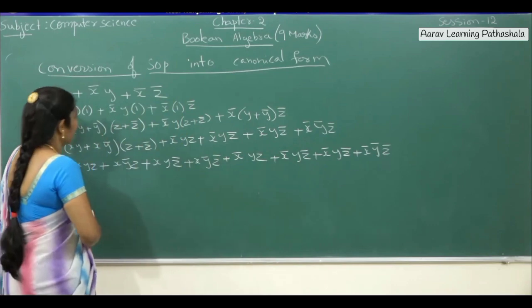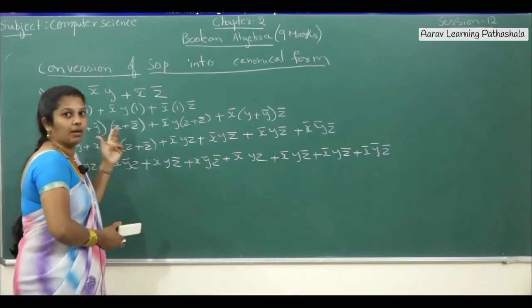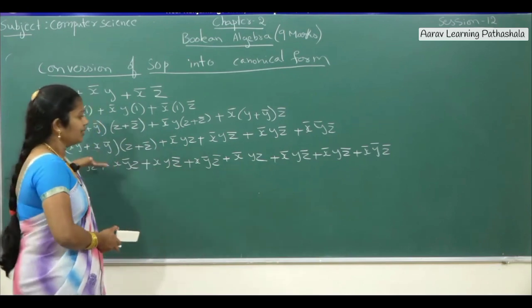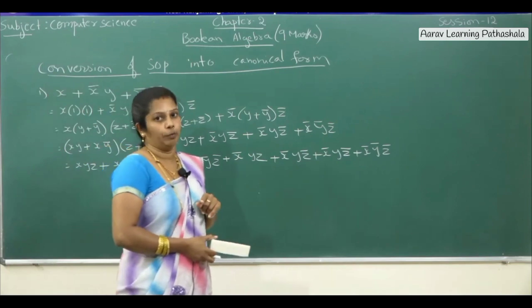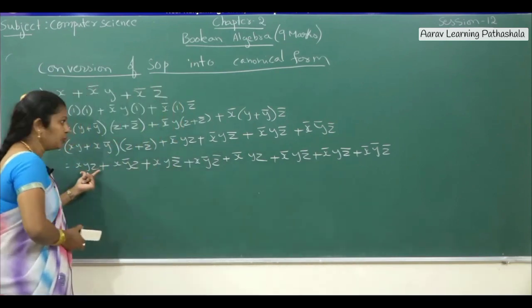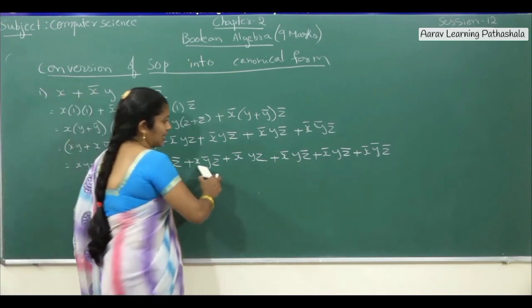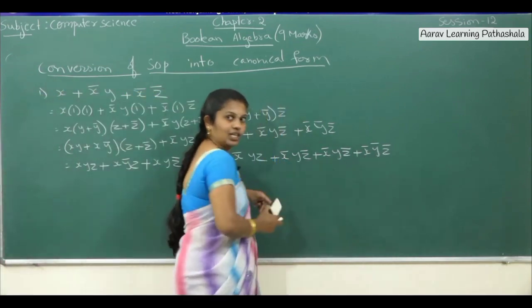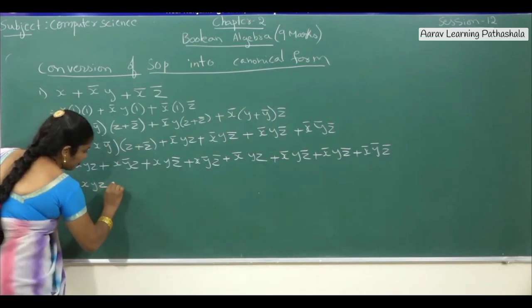The first step is to identify the missing variable, then combine it with its complement, then distribute the given equation. Later on, remove all the duplicates. How do we remove duplicates? Look at x y z: does it appear anywhere else? No, only one time, so I write x y z.